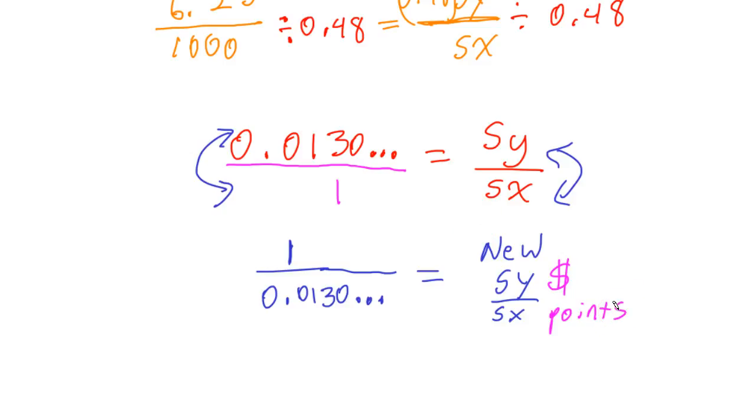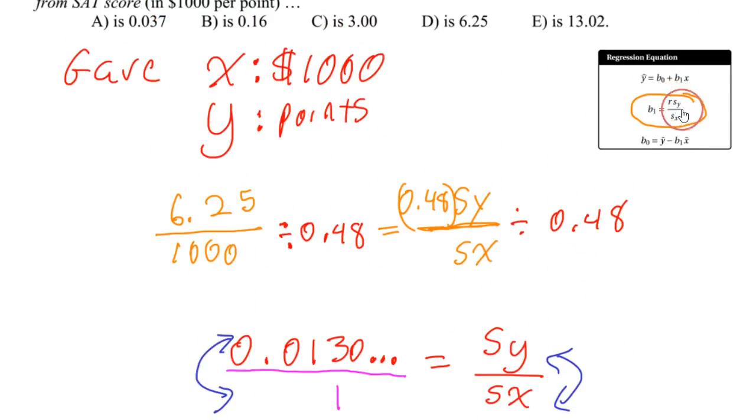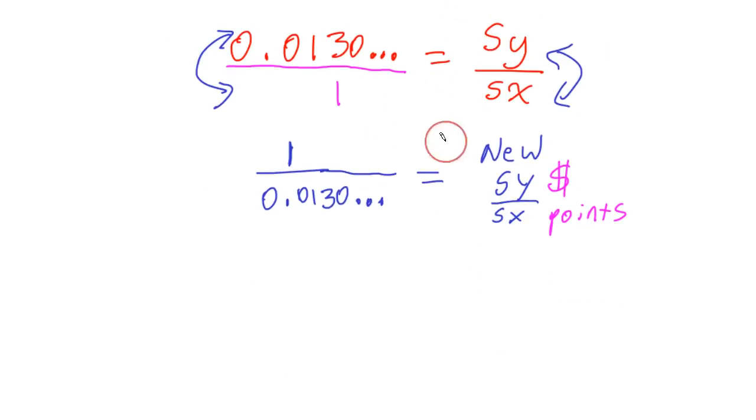So when I do this, I'm almost back to a slope. What I have to remember is that in order to take sy over sx and turn it into a slope, I have to multiply by r. Well, r in our problem was that 0.48. So I'm going to take this entire blue part and multiply it by 0.48, and do the same thing over here.